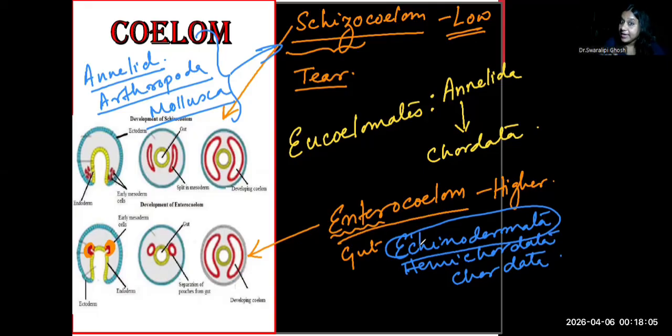Why? There are two reasons. One I'll tell you later. The first reason is that they are enterocoelomates. Annelida to Chordata are eucoelomates, but Echinodermata is enterocoelomate. That is why, though it has other characteristics lower than Annelida, it has been kept close to Chordata.